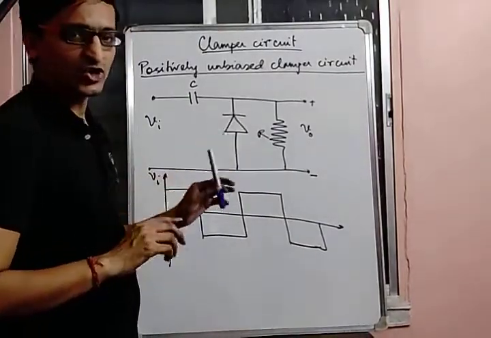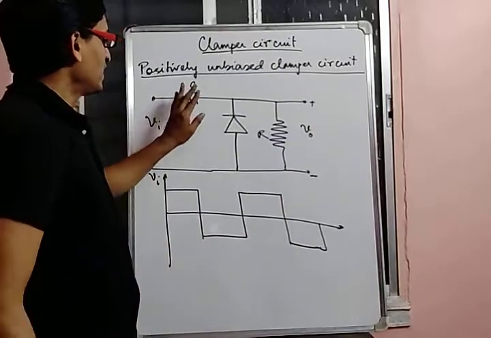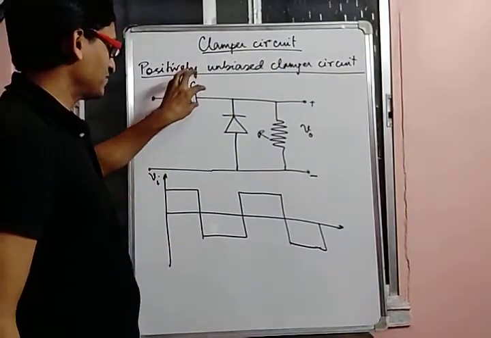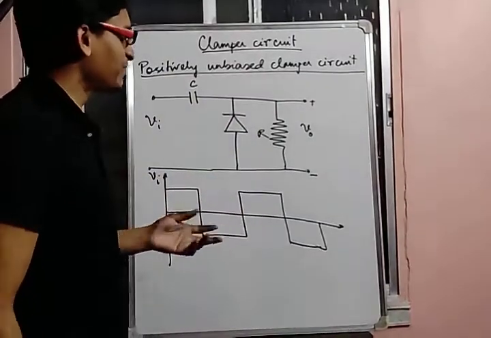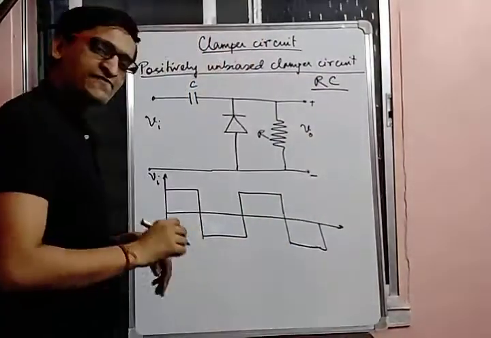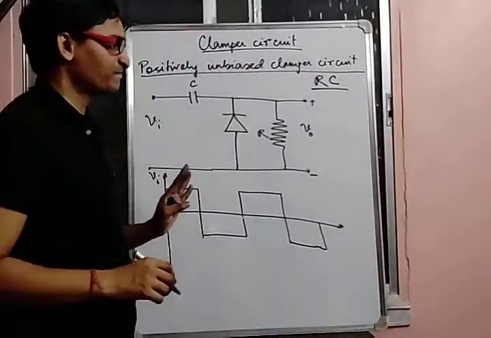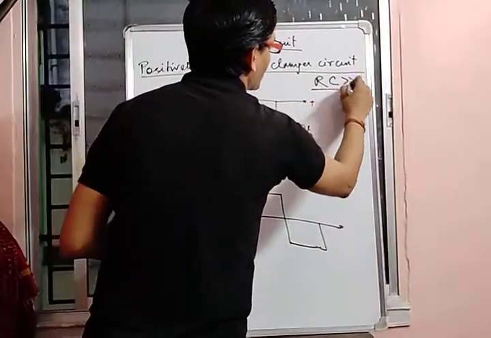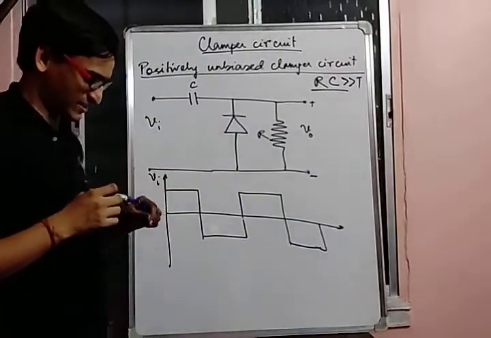First, we are assuming the diode to be ideal, and secondly, we are assuming that the time constant of this RC circuit, which is defined by the product of the resistance R and the capacitance C, is very much large as compared to the time period of the input signal. So RC is very much greater than the time period of the input signal. We are taking these two assumptions.